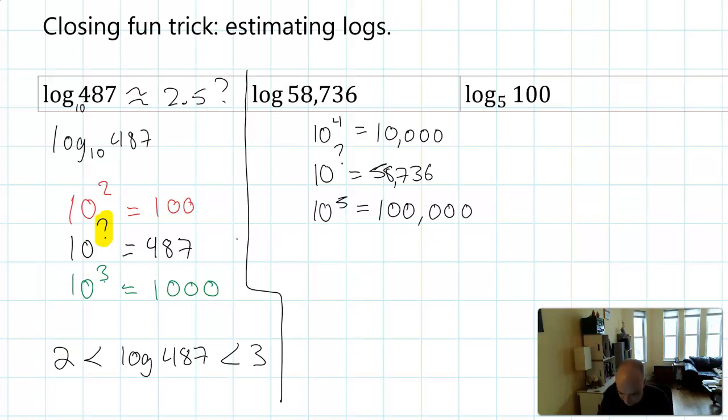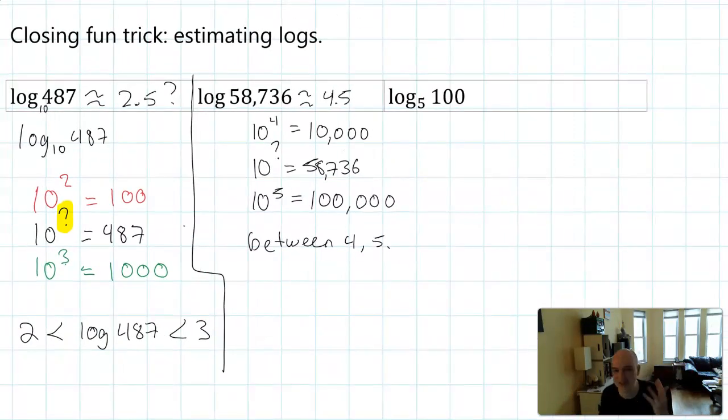So this number is somewhere in between there. So we say that this is somewhere between 4 and 5. You could say maybe it's approximately 4.5, 4.4. You can get more precise with a little more careful estimation. But that's a really nice way to approximate logs.